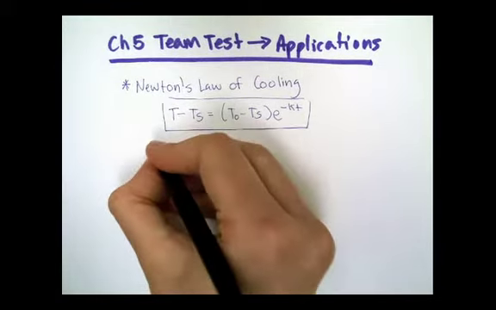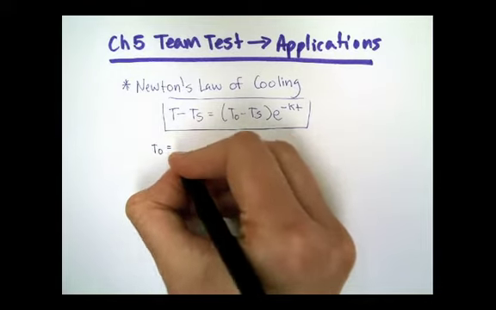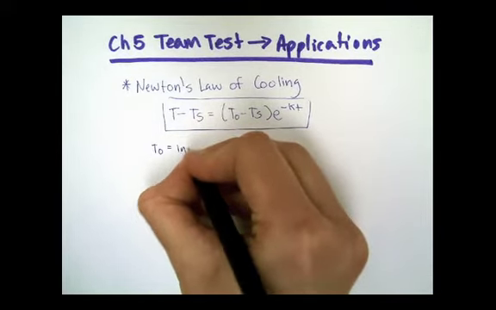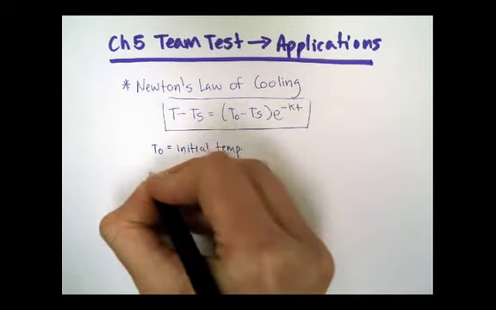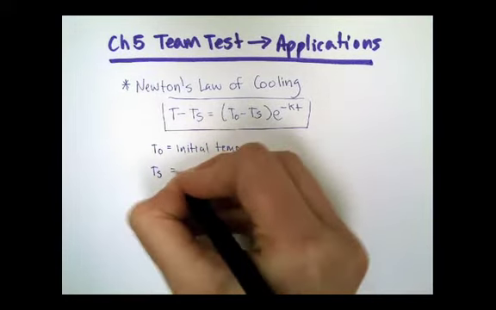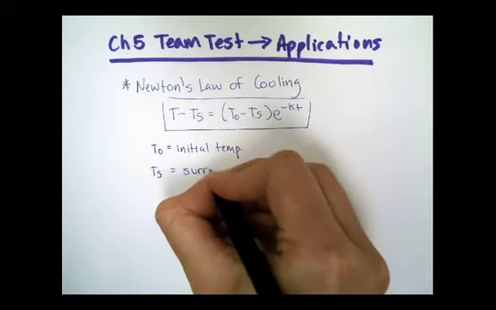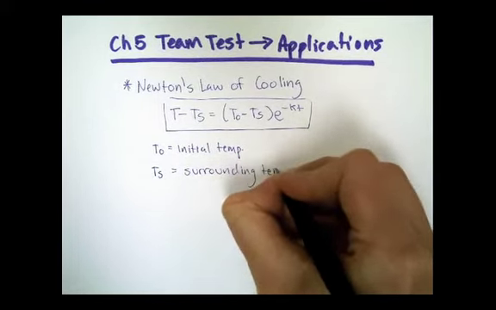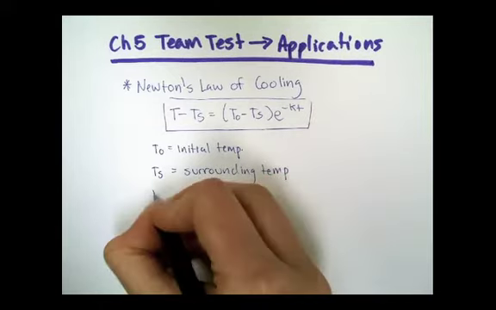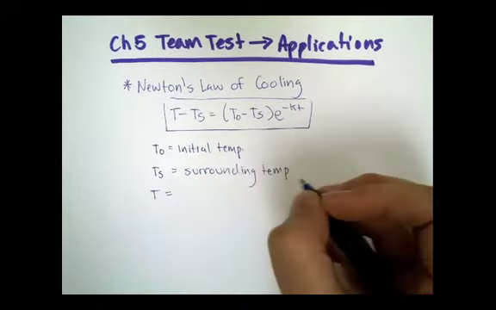And you have to know that T naught is the initial temperature of the object. So initial temp. You have to know that T sub S is the surrounding temperature. So surrounding temp. And the T all by itself is just the temperature of the object.